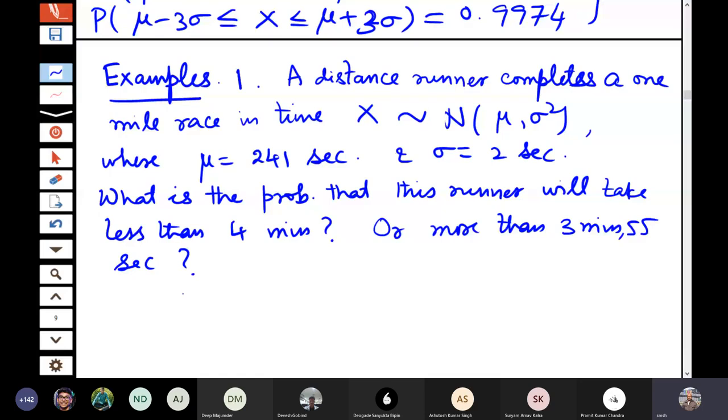These are some of the questions that we are posing based on this normal distribution. The first question is, what is the probability he will complete in less than 4 minutes?